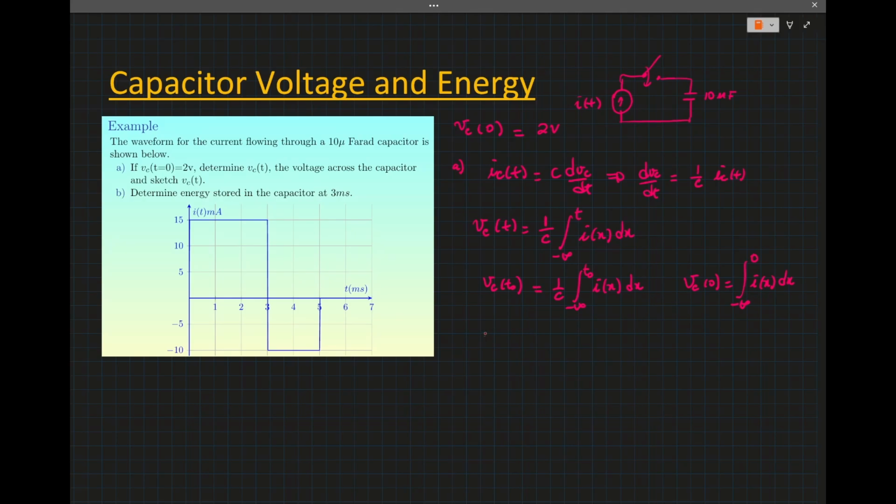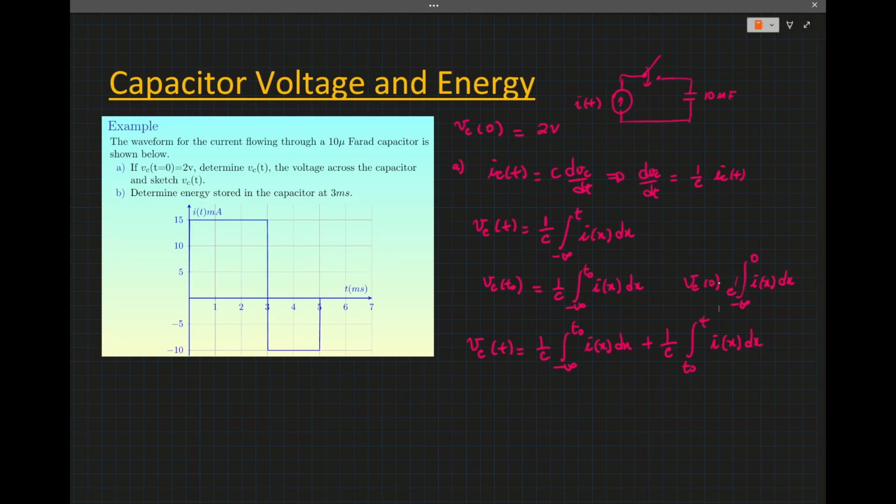Then I could write VC of t as 1 over C integral from negative infinity to t0 of I of x dx, plus 1 over C integral from t0 to t of I of x dx. I missed the C here.